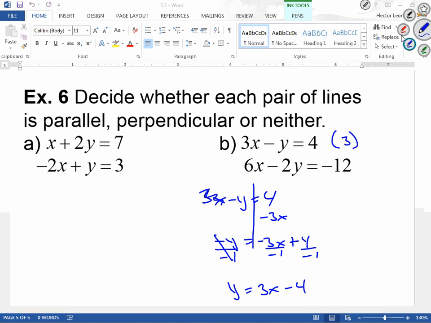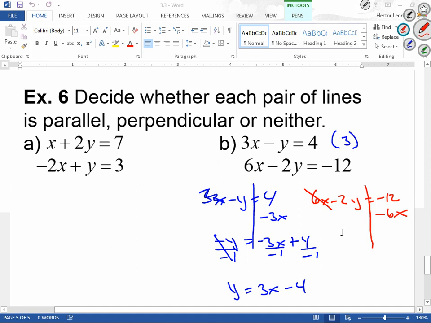So all I care about is the slope. Let's take a look at the other example. 6x minus 2y equals negative 12. Get the y by itself. So I'm going to move the 6x, obviously switch the sign. So I have that negative 2y equals negative 6x minus 12.